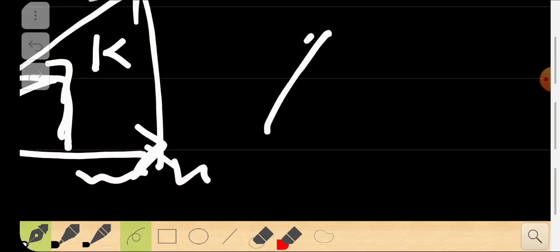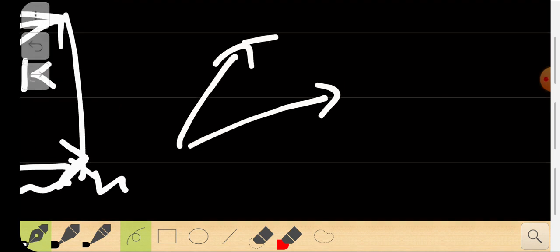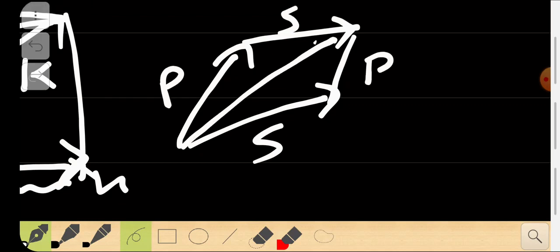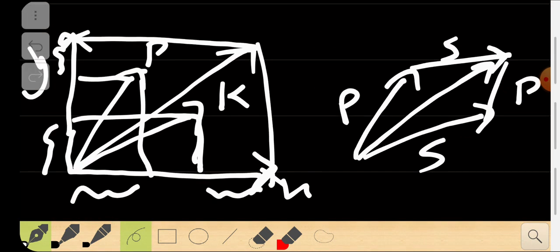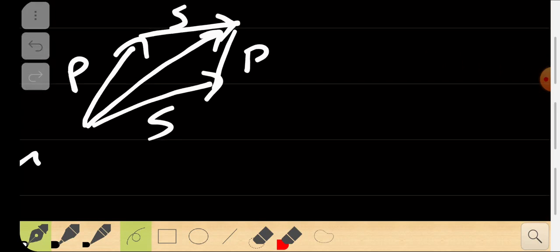So that means if you have two vectors, you can draw a parallelogram, with sides s and p. You can draw s and p here as well, and then draw a line in between, and you can say that's the resultant vector. Okay, that's one way. That's the same thing as here. We can draw a parallelogram here, right? And you can say the resultant. That's exactly what I did. But this is called the parallelogram law of vector addition.